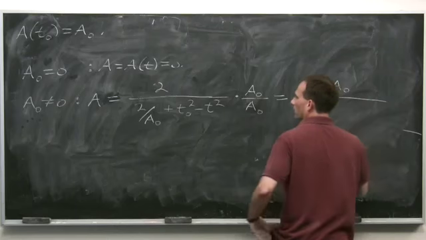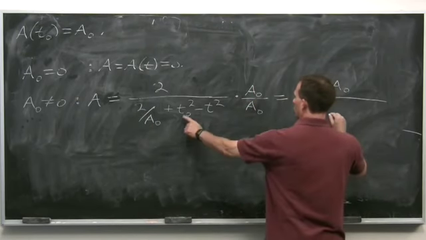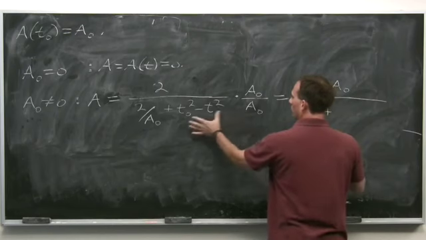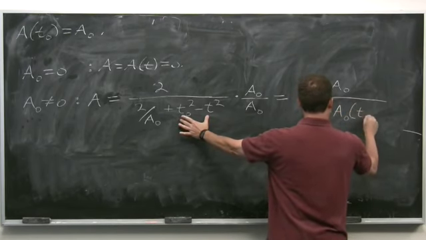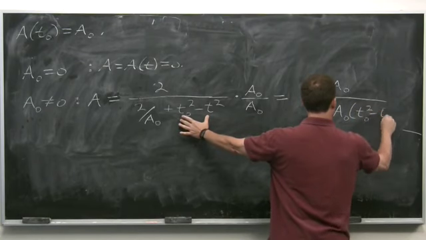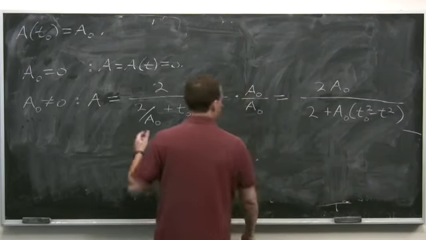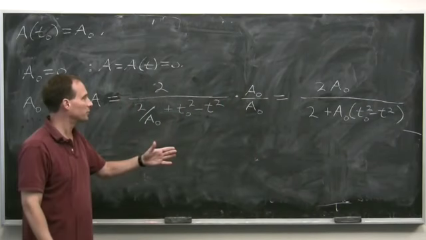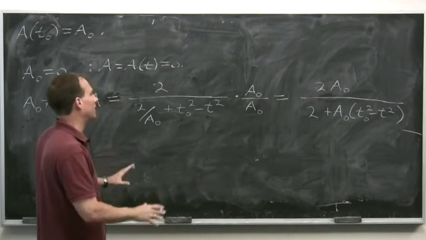And in the denominator, you get 2 over A0 times A0. That's 2. And then you get plus A0 times this quantity, which I'll leave that way, as T0 squared minus T squared. All right, so great. I think that looks more aesthetically pleasing, but beauty is in the eye of the beholder, but I like that better.